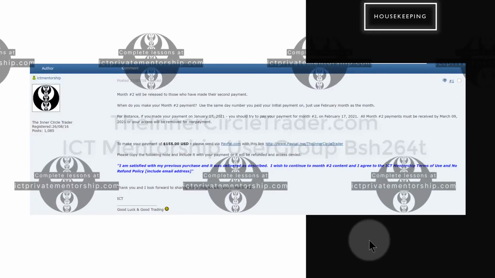Throughout the year, we have students that sometimes change their PayPal email address, and it causes a problem for the administrative side of our mentorship. To help alleviate some of that, if you just include your email address that is associated with your enrollment agreement, we never have a problem. We'll have no problem locating your account and adjusting it.